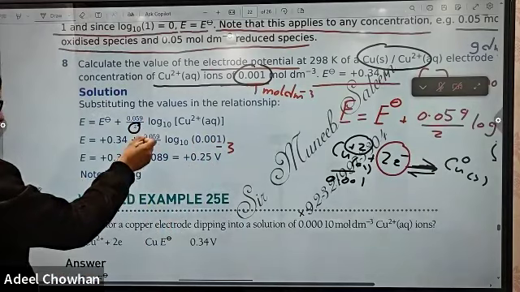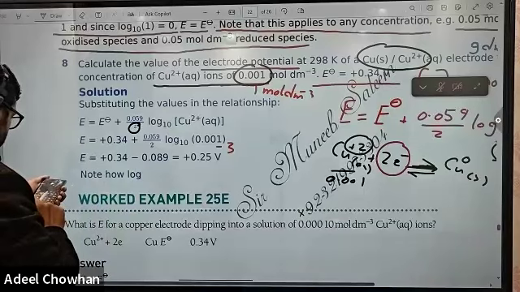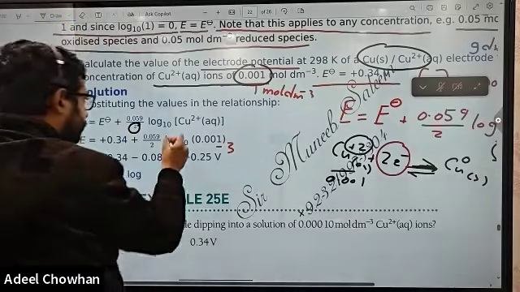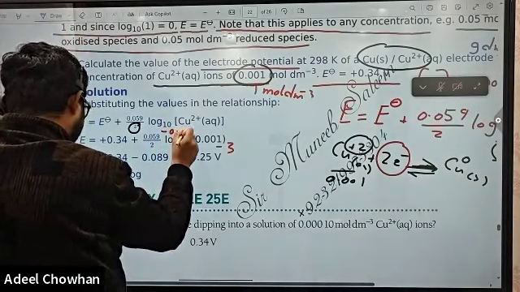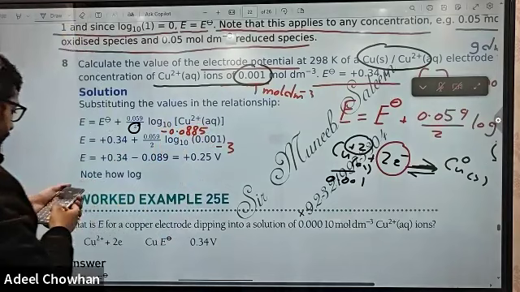The value of this is 0.0295, into -3 gives me -0.0885.